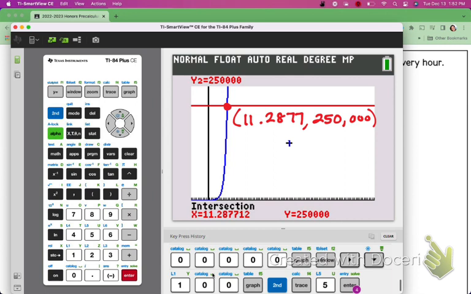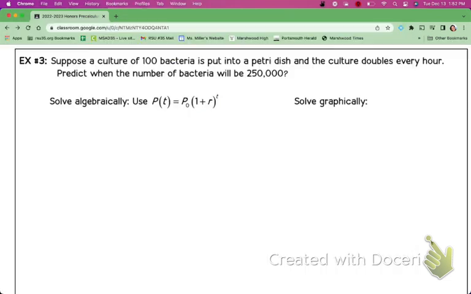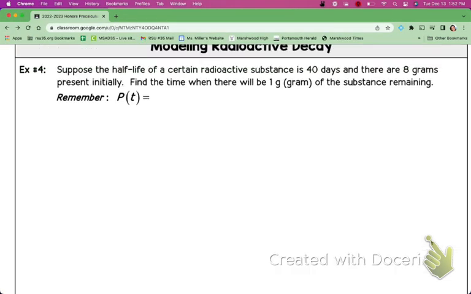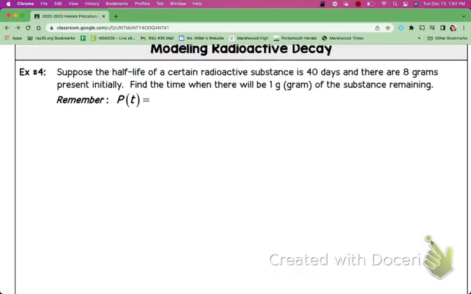Okay, half-life, decaying. So it says, suppose the half-life of a certain radioactive substance is 40 days, and there are 8 grams present initially. Find the time when there will be 1 gram of substance remaining. Okay, so we're starting out with 8. So P of T is equal to 8.